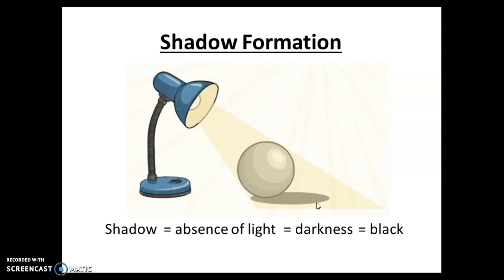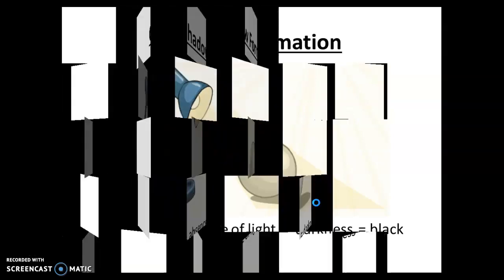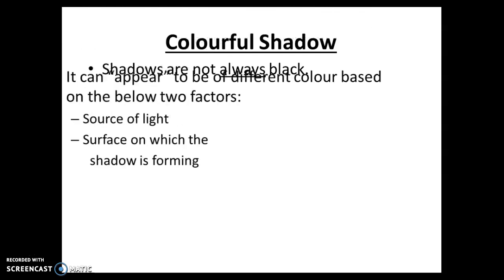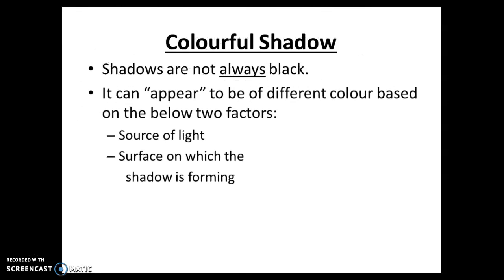Now, the more and more we understand the shadow, we will learn that there are colorful shadows also, which means shadows are not always black. There are two factors which influence the color of the shadow.